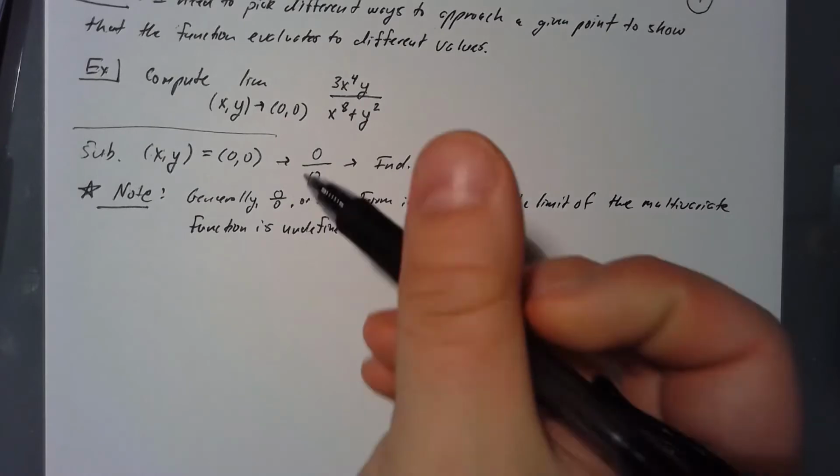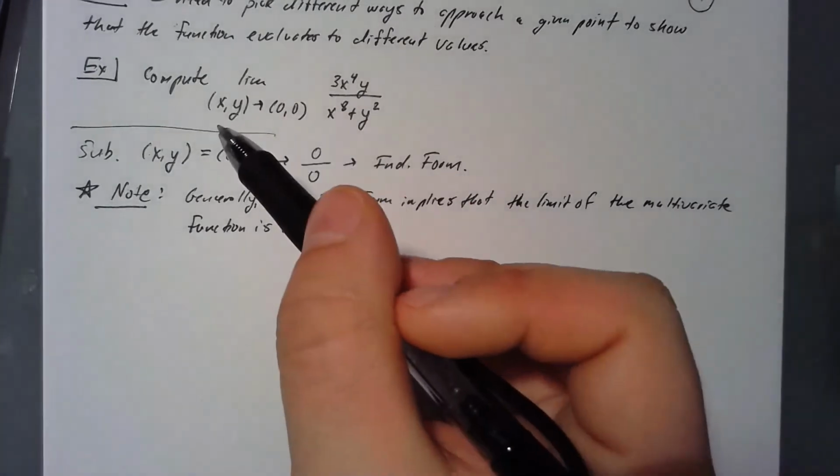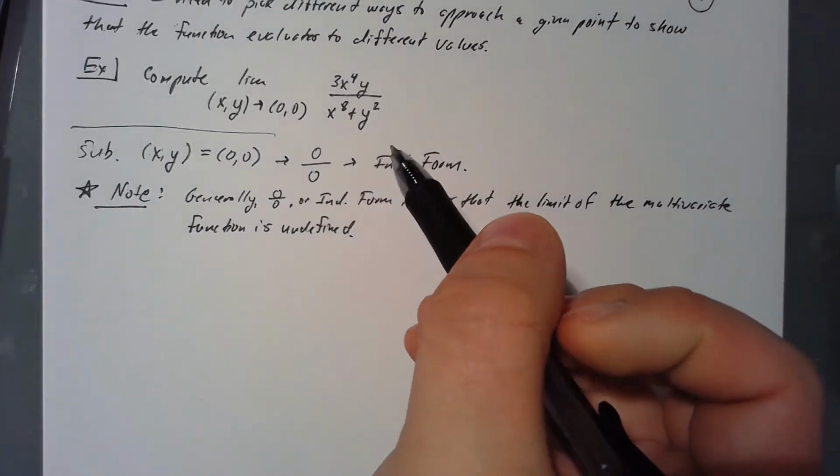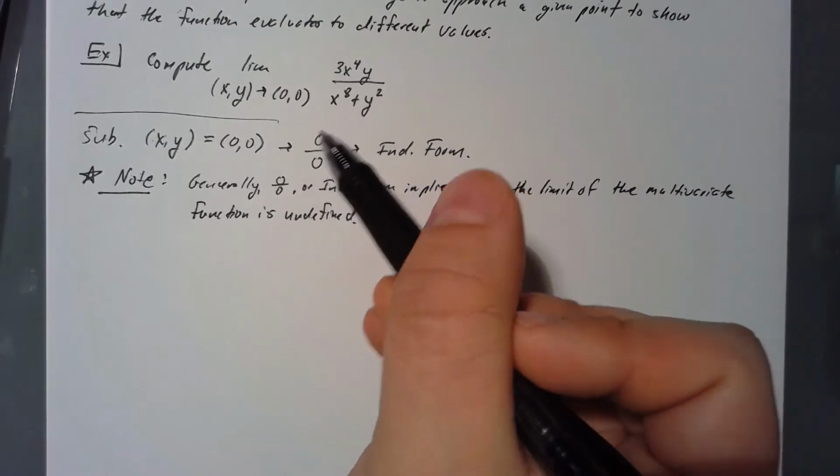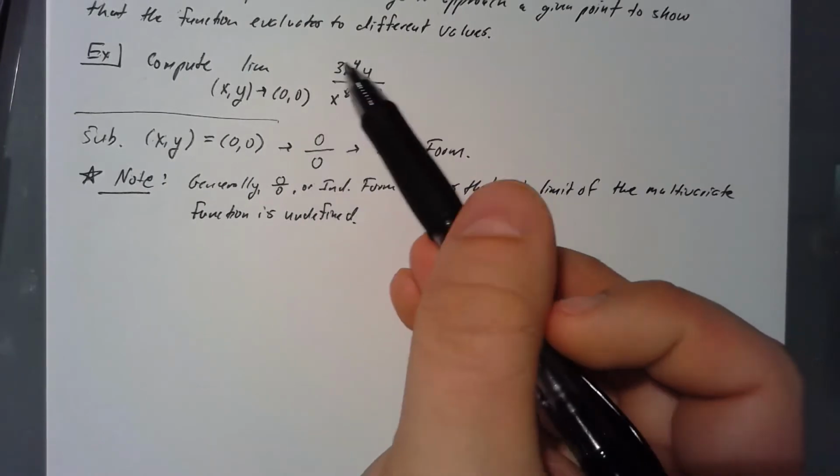So basically what this becomes is a problem where you have to show that this limit is undefined. So that's what this is hinting towards. You got to show that this limit is undefined.